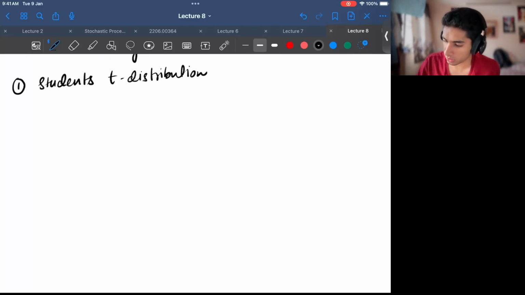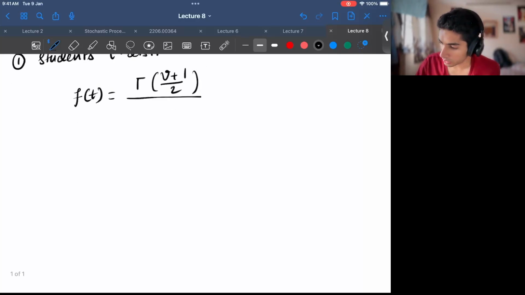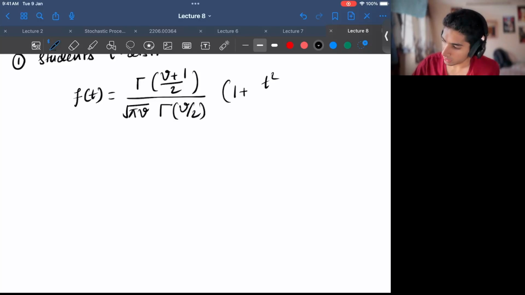It is a distribution whose PDF looks like this. f of t is equal to gamma of (nu plus 1) by 2 over root of pi nu times gamma of nu by 2, into 1 plus t square by nu, whole raised to minus (nu plus 1) by 2, right?